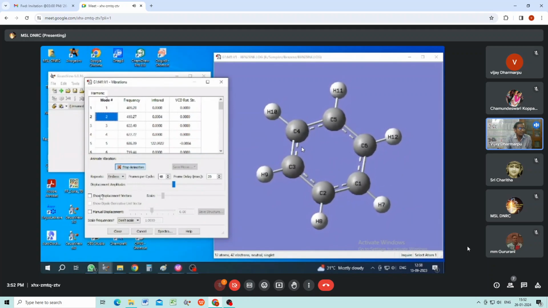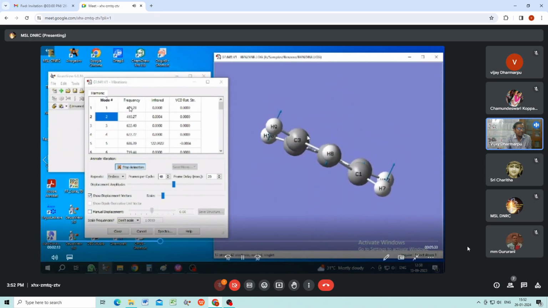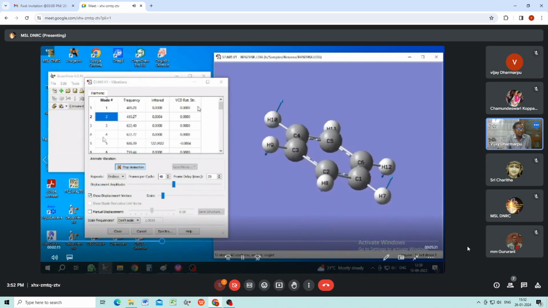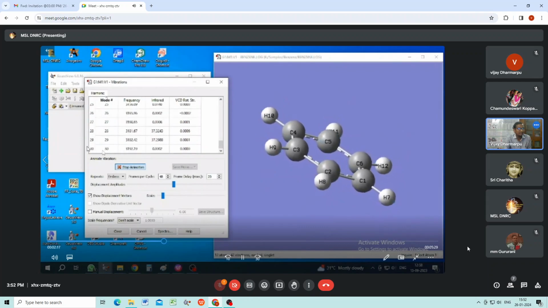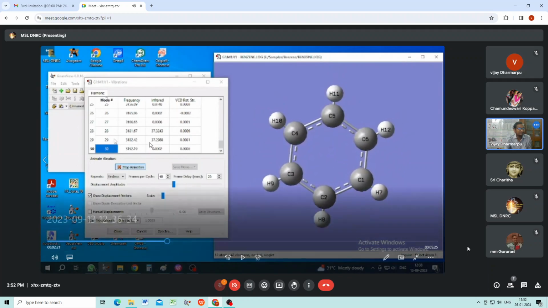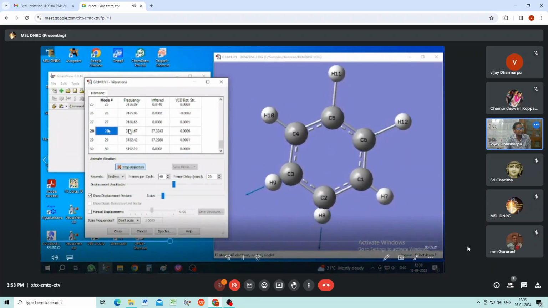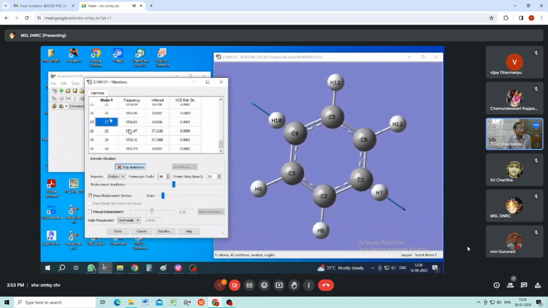So the modes of vibration, mode 1, mode 2, mode 3, and the frequencies also. See here the frequency 3192. 3192 means CH vibration, so CH stretching.